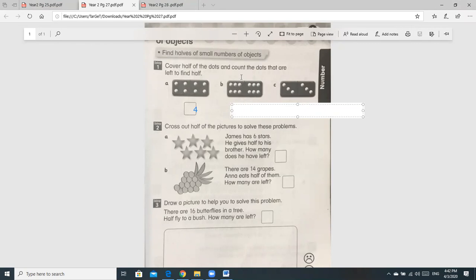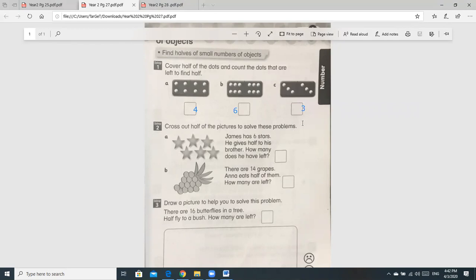Yes, and without counting, I can count only one side. 1, 2, 3, 4, 5, 6. So half of the 12 is 6. Here, without counting, what's half here? 3. It's one side, half of the 1, 2, 3, 4, 5, 6, half of the 6 is 3. So he wants me to get the half of these dots.